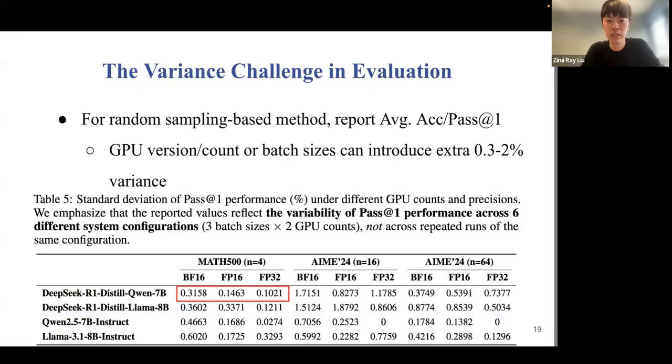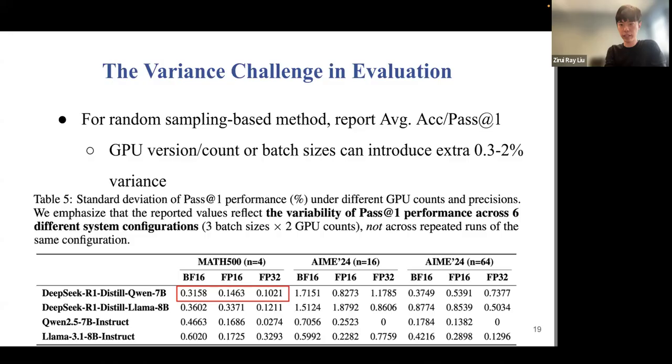For random sampling, you see the variance is much smaller. I think this makes sense, because if you have some noise on your final logits, sampling is naturally robust to it. But I want to mention one more thing: even with a random sampling based method, the hardware change can introduce 0.3 to 2% variance.